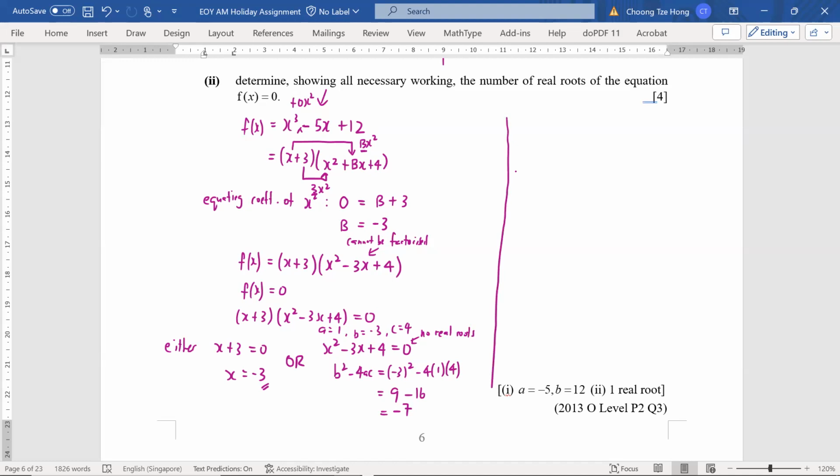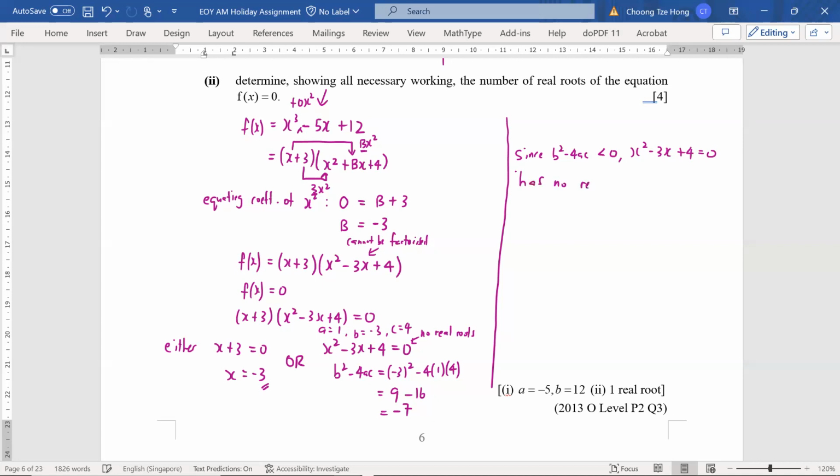Let's conclude with a statement. Since b squared minus 4ac is less than 0, x squared minus 3x plus 4, the quadratic equation on the right, has no real roots.